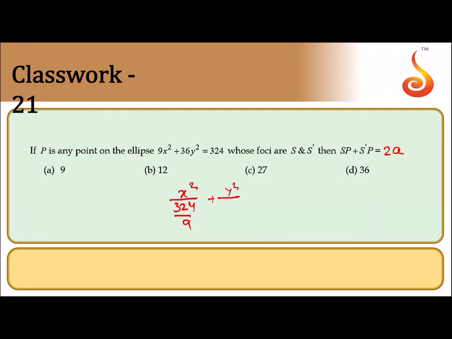So we calculate x square by 324 by 9 plus y square by 324 by 36 is equal to 1. You have to divide by 324. This will give you x square by 36 plus y square by 9 is equal to 1.